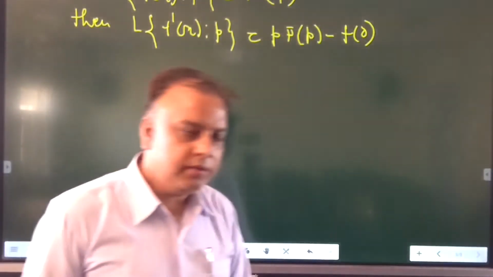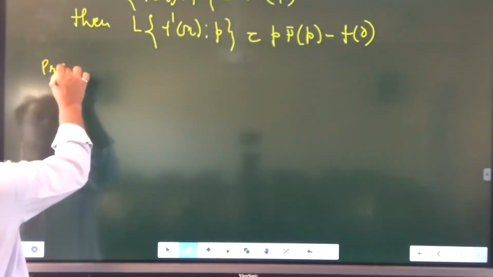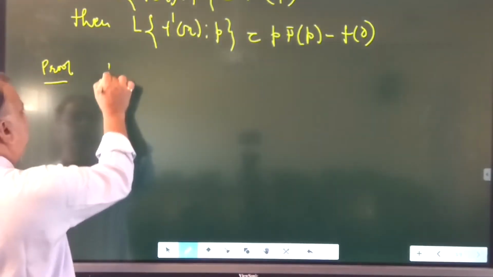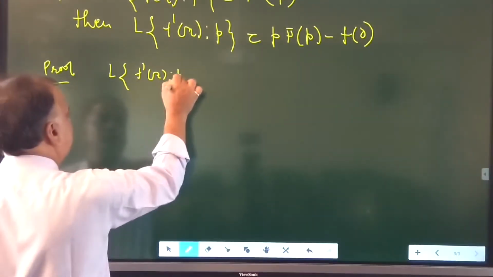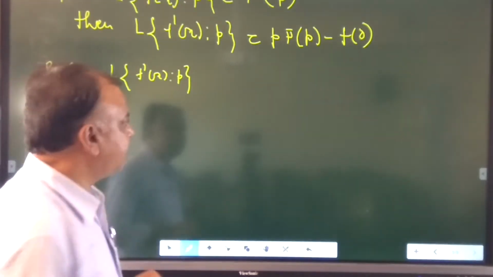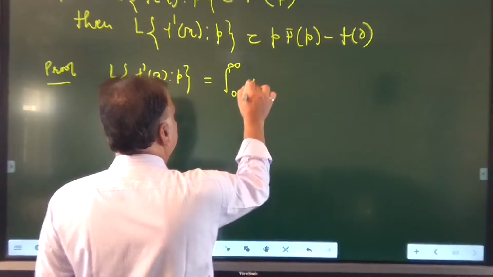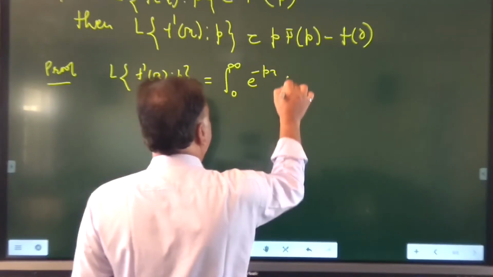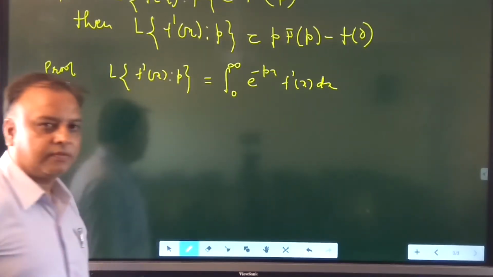The proof for this one: we find the Laplace transformation of f'(x) with respect to parameter p. Using the definition of the Laplace transformation, this is equal to the integral from 0 to infinity of e^(-px) f'(x) dx.